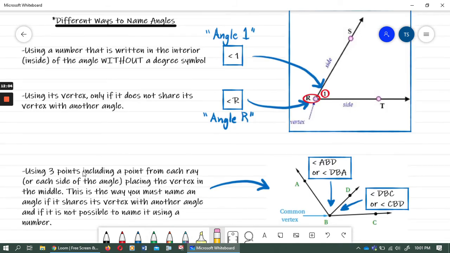All right, so again, guys, you can use 3 points, including a point from each ray, or in other words, a point from each side of the angle. And if you're going to use 3 points, you have to place the vertex in the middle.